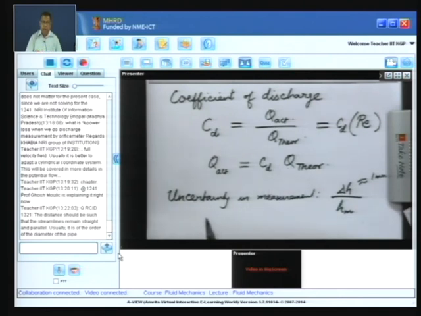Now, if you have say flow of air at low Mach numbers, that can be treated as an incompressible flow, and you can apply Bernoulli's equation to it. Now, should you use a Venturi meter or an orifice meter for that case? Well, for flow of air, where the density is small, the H_M, if you use a Venturi meter, is going to be small.